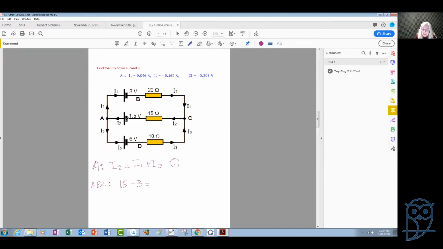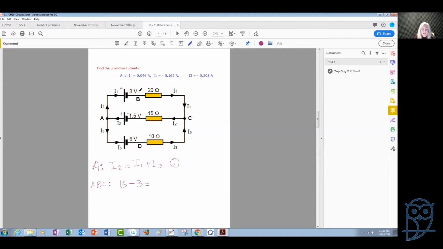Because we started from the 1.5 volt EMF, and the current has a direction from the positive terminal. But when we meet the other EMF of 3 volts, the current goes into the positive terminal. That is why we need to take this as negative, with the opposite polarity. So these are the sums of the EMFs.